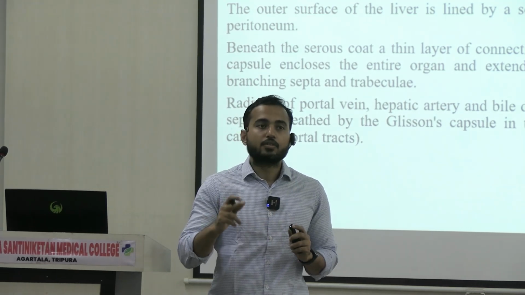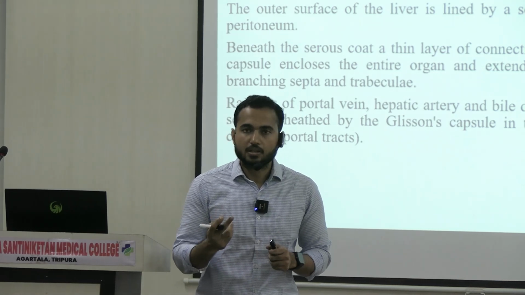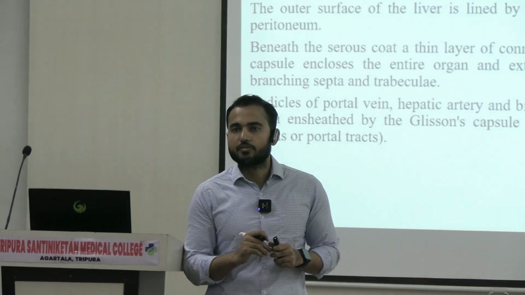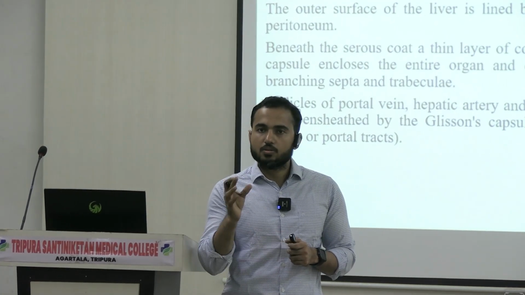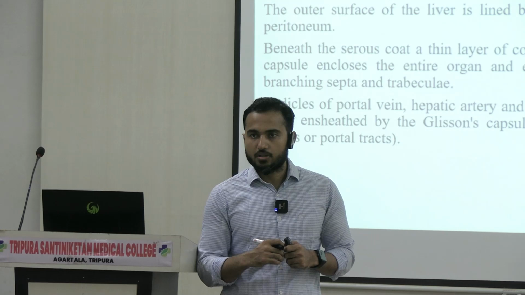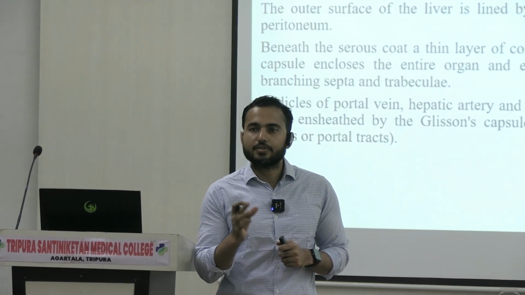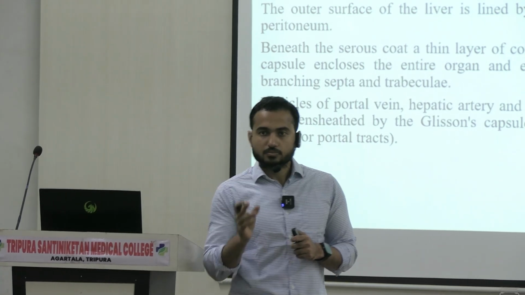Now apart from this, there is another point. If I take the example of liver, or the example of kidney: liver is an intraperitoneal organ. Some areas of the liver are bare areas where peritoneum is not attached.